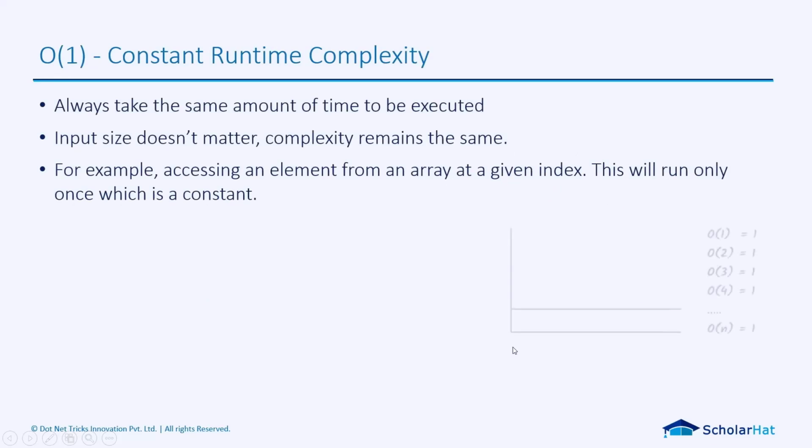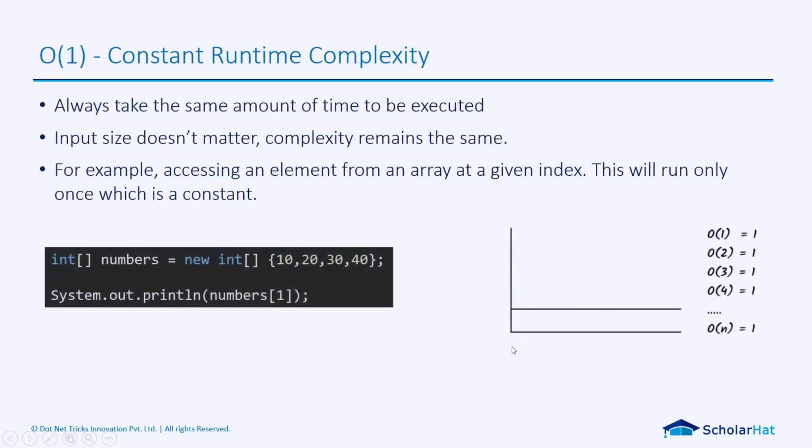So first thing is O(1). How does O(1) running time complexity happen? It always takes the same amount of time to execute. It doesn't depend on the input. Input size doesn't matter, complexity remains the same. For example, accessing an element from an array at a given index will run only once, which is constant. Suppose you want to print out this 30, or here it is taking index 1, so this 10 is index 0, 20 is index 1.